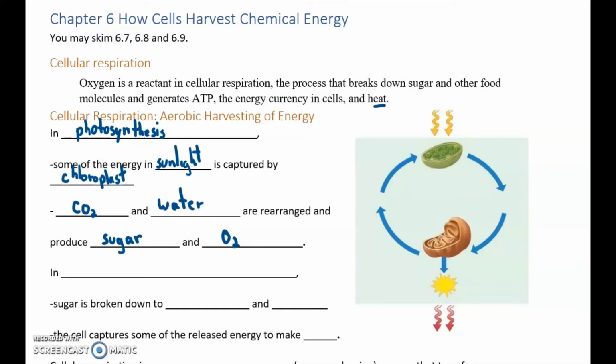In cellular respiration, sugar is then broken down to carbon dioxide and water. During cellular respiration, the cell captures some of that released energy to make ATP.